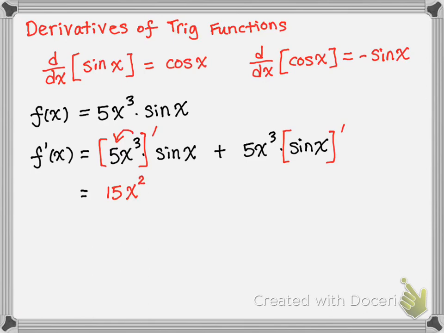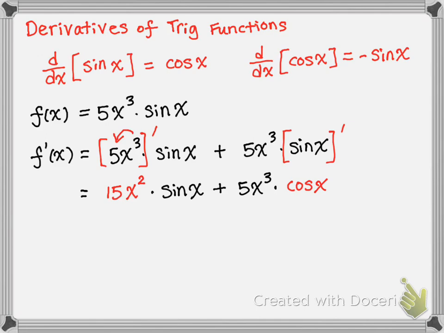And then you just copy the rest, so times sine of x, plus 5x cubed times the derivative of the sine function, which applying the derivative formula is cosine of x. Then you can simplify, or you can just leave it like this. There's nothing to simplify, and you don't need to factor out a common factor. It's not necessary. So that will be the answer.